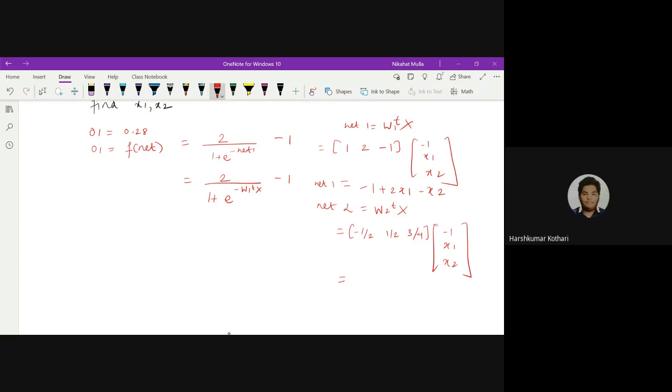Minus half times -1 becomes plus half. So half plus half x1 plus 3/4 x2.